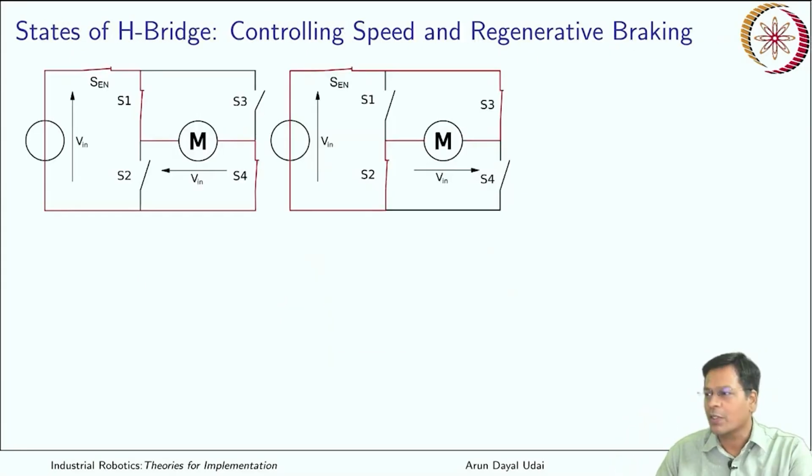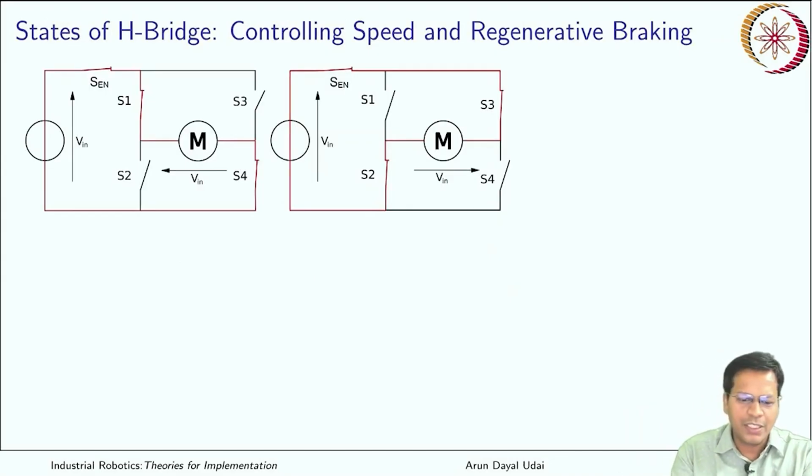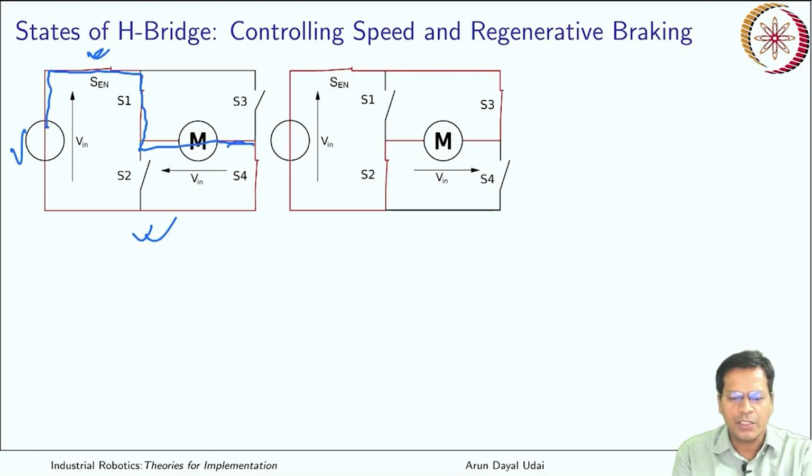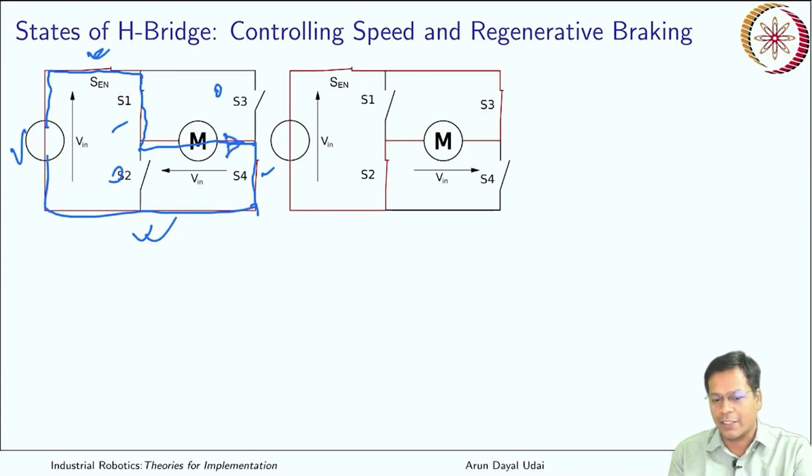Okay, so let us just look. Now in this case what is happening? This switch is closed, that is, the enable switch is closed. So whatever potential you are applying over here creates a current. This switch is closed. From here it goes to this, because these two switches are closed and these two are open. Finally the current will go back. So this is how current flows in this direction.